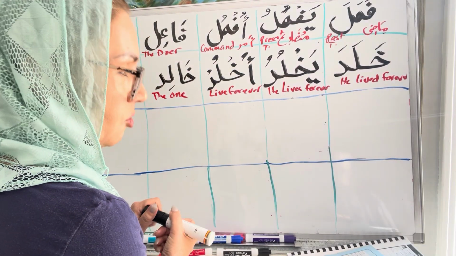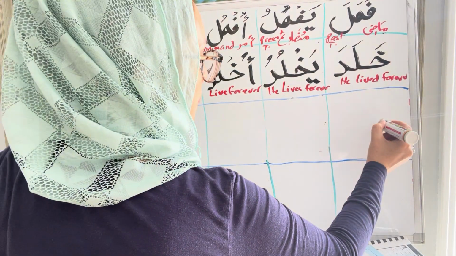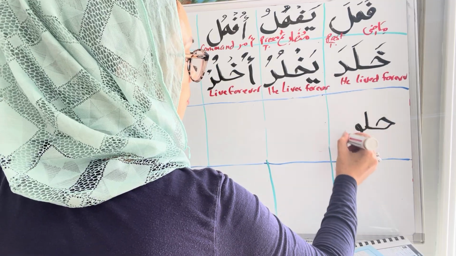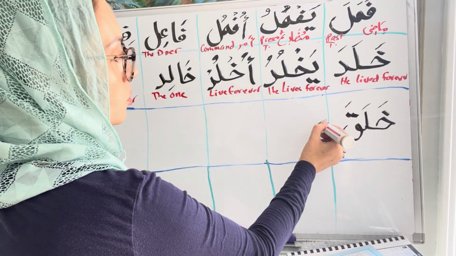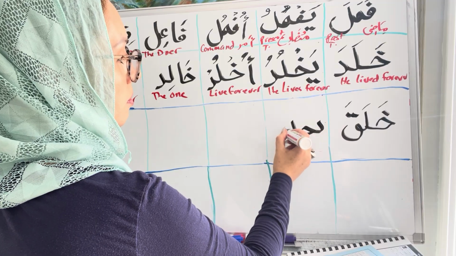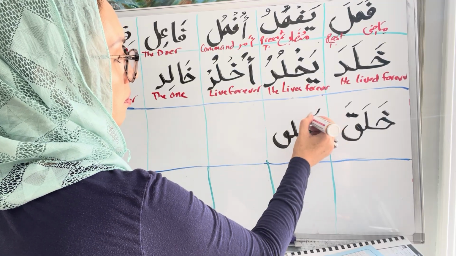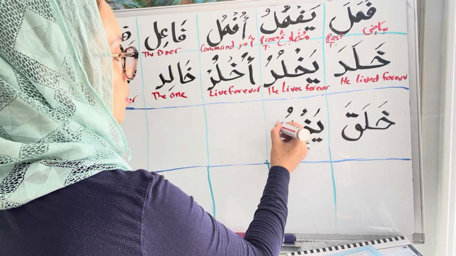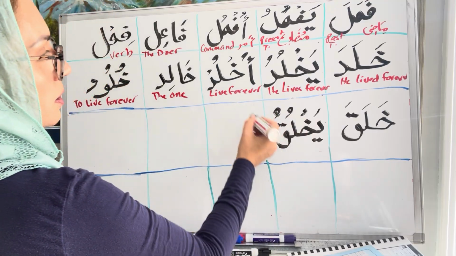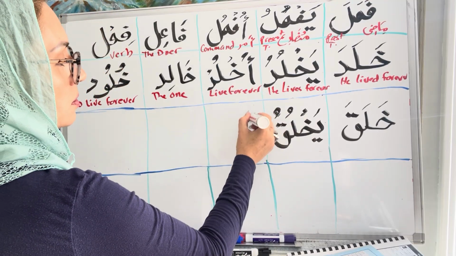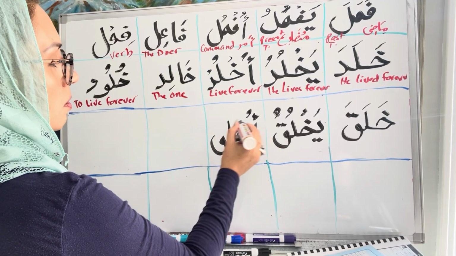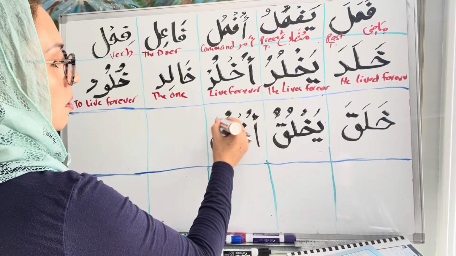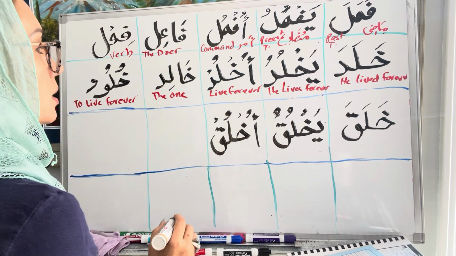Next word is khalaqa. Khalaqa. Yakhluqu. Then it becomes ukhluq.